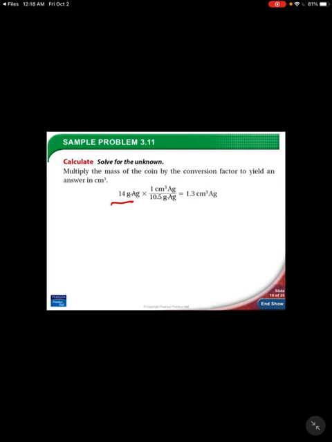What they've done is rearranged this density so that their grams of silver cancel, and they get 1.3 cubic centimeters of silver.